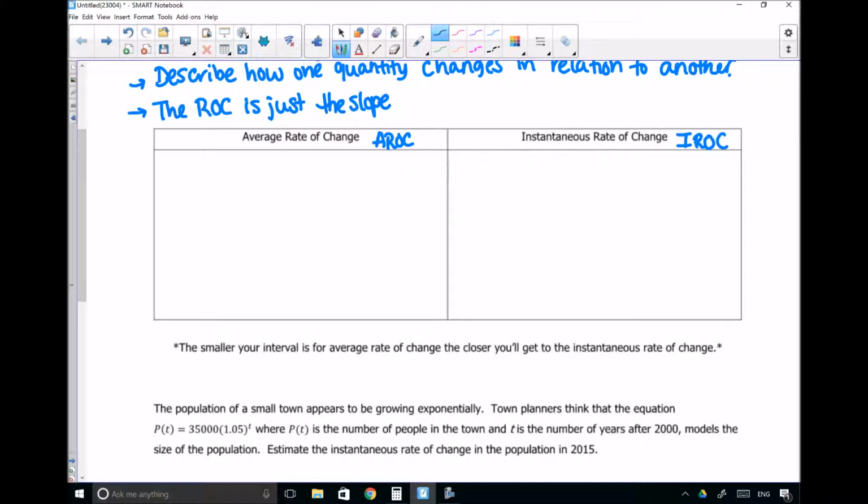So let's just make sure that we truly understand the difference between average rate of change and instantaneous rate of change. So if I were to give you an example right here, where I have some type of curve. It doesn't matter what my curve is, it's just any curve. So my curve looks, I don't know, like this, okay?